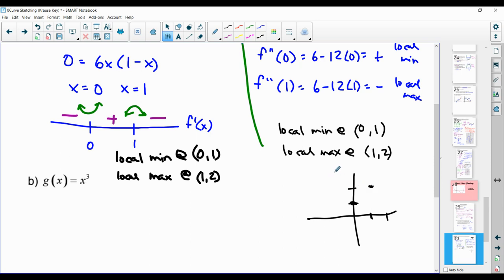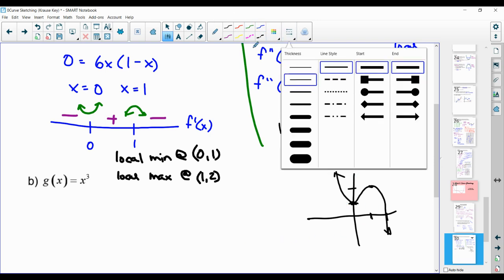That's all we really know without finding all of our intercepts, but we know it's going to look something like that. That's not necessarily an x-intercept, that's just where it's crossing the graph. I didn't have a mark specifically there, but from that information we know where our local max and our local min are.